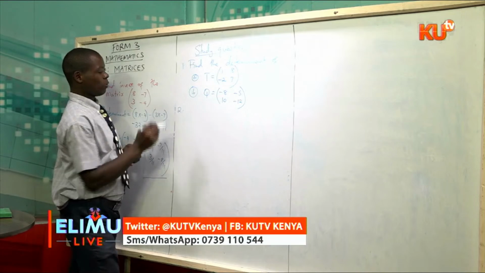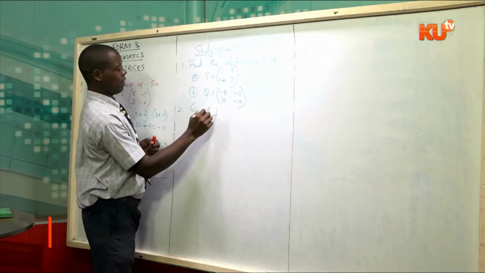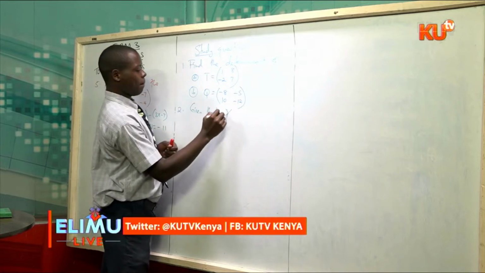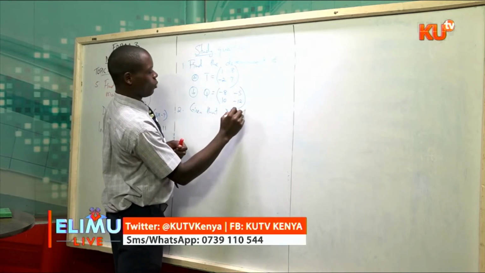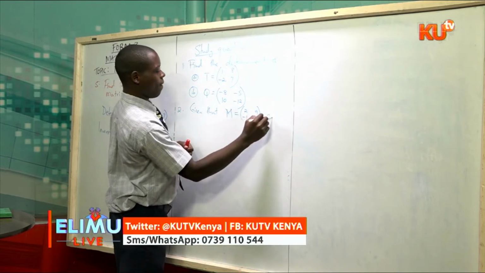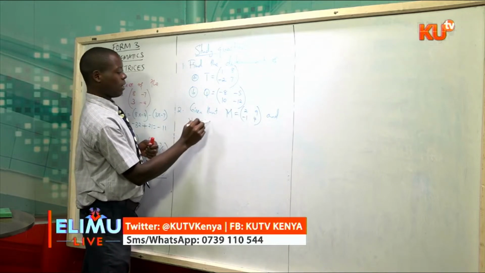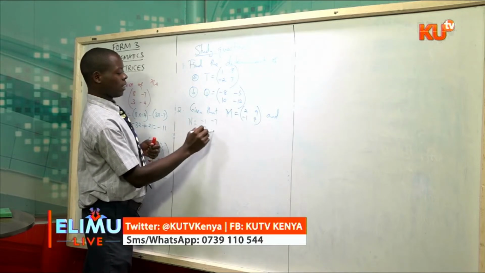Number 2, this is what you'll attempt. Given that M is equal to 2, 9, negative 1, 4. N is equal to negative 1, negative 7, 3, negative 6.